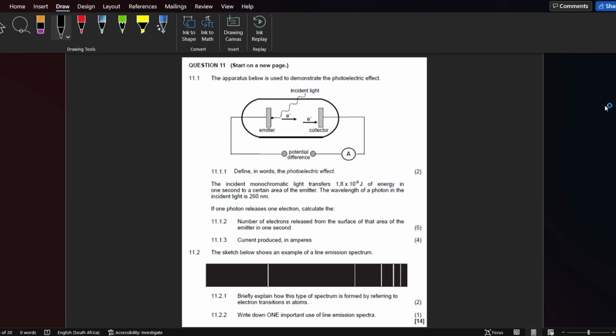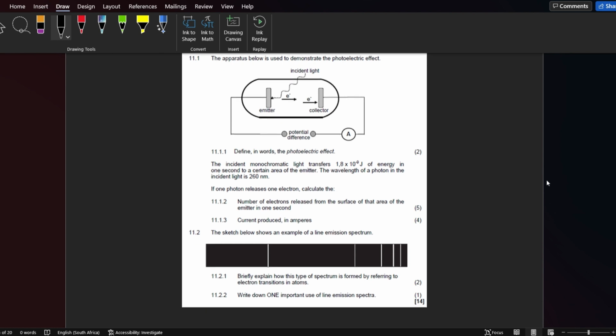So basically, they give us the total energy that the light wave transfers, and now they're giving us the energy of one photon. So given that we have the energy of this one photon, we need to determine how many photons are in this total energy or in this beam of light, and that will determine how many electrons are released.